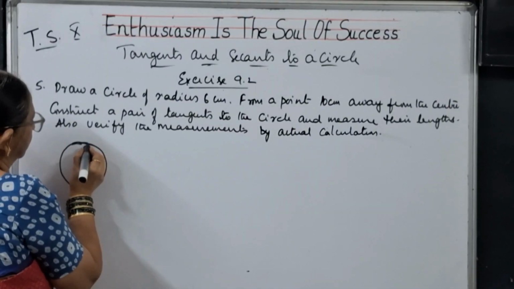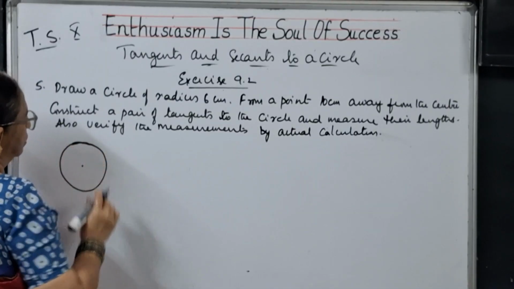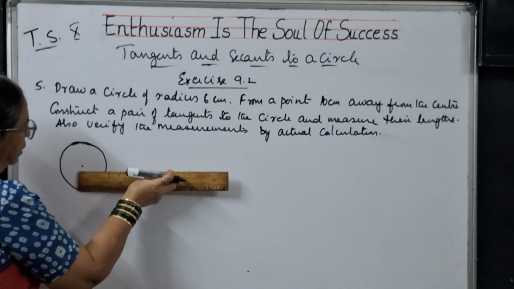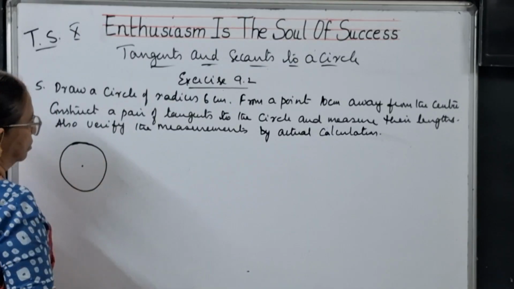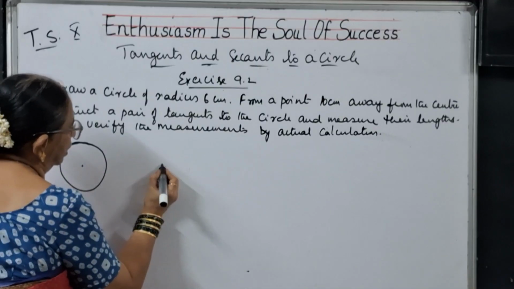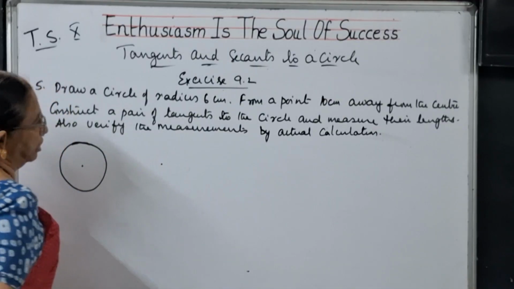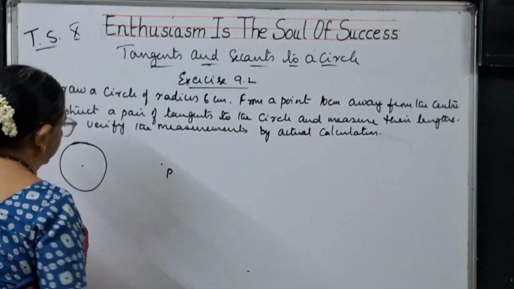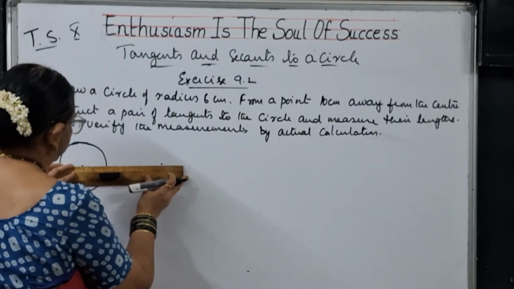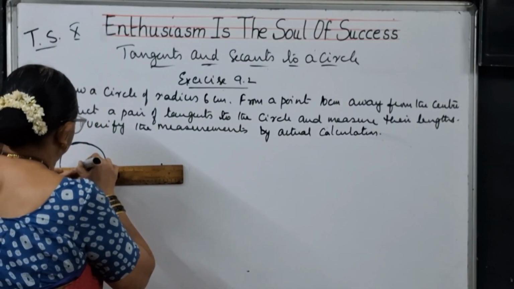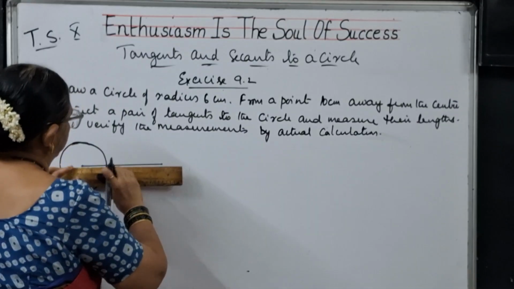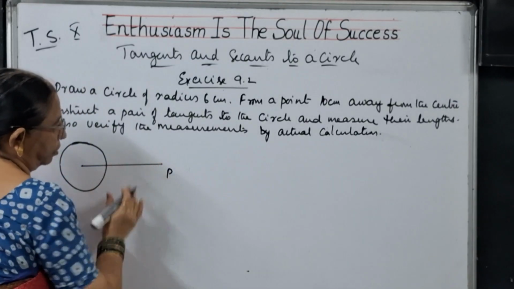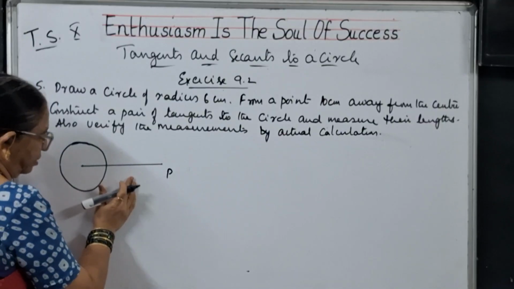After drawing the circle, from O, by keeping the scale at 10 centimeters, you have to measure and take a point P. This is a point P which you have taken at 10 centimeters and then you have to join O and P. After joining O and P, you have to draw a perpendicular bisector of it.